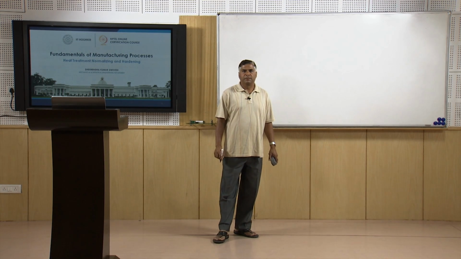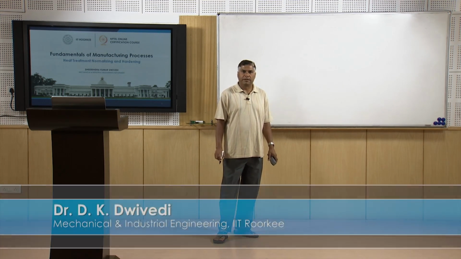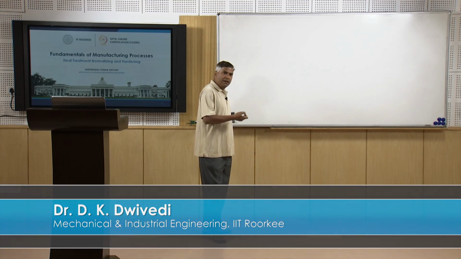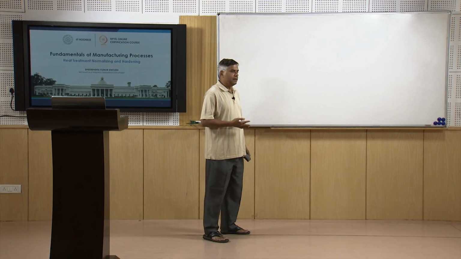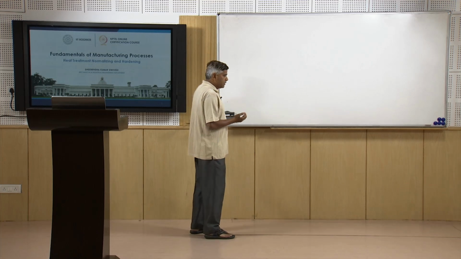Hello, I welcome you all to this presentation on the subject Fundamentals of Manufacturing Processes, and we are talking about the methods which can be used for improving the mechanical properties, and the properties in general, of the manufactured component.